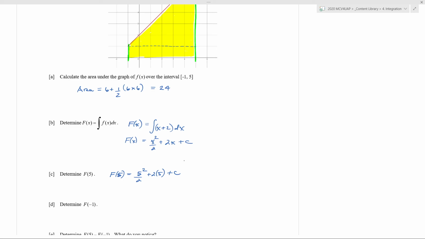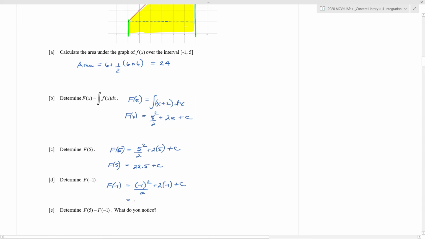F at -1 is -1 squared over 2 plus 2 times -1 plus a constant. What does that give us? I believe it gives us -1.5 plus a constant.